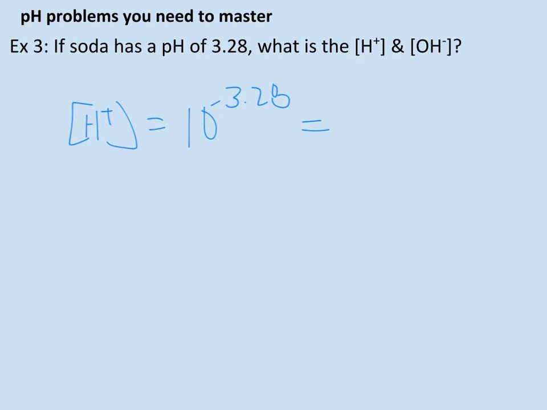And now I go ahead and set that equal to 5.25 times 10 to the minus 4 times my OH minus, which should be equal to 1 times 10 to the minus 14th.